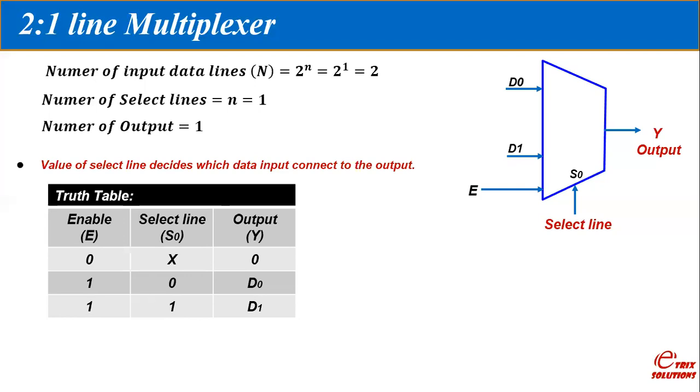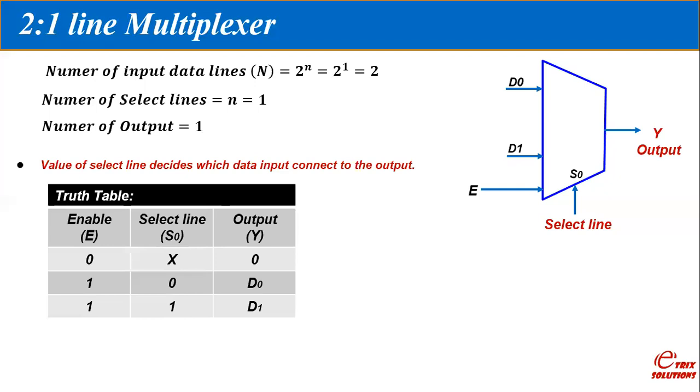If enable is 1 and the select line is 0, then the D0 input will be connected to the output, and if the select line is 1, then the D1 input data line will connect to the output. So this is the behavior of the 2 to 1 line multiplexer, which can be written using the truth table.